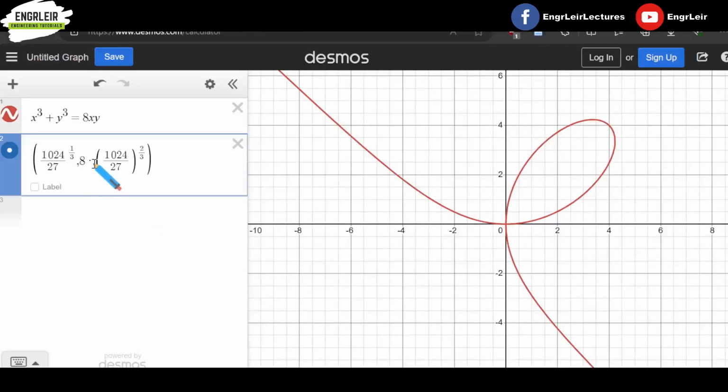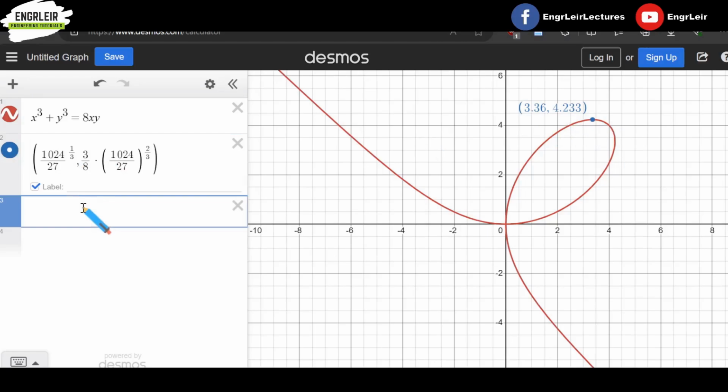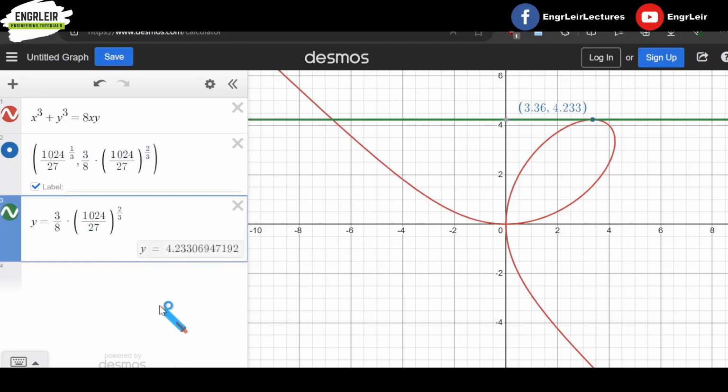Sorry, this should be 3/8, not 1/3. There, so this is that point. It's approximately 3.36, 4.233. And as you can see, we can make a horizontal tangent there. Or in other words, y is equal to that value on the y-axis. So, you see, it's a horizontal tangent at that point. So that confirms our answer is correct.